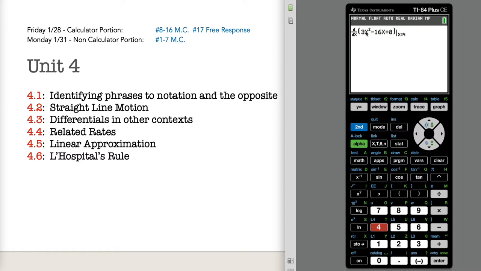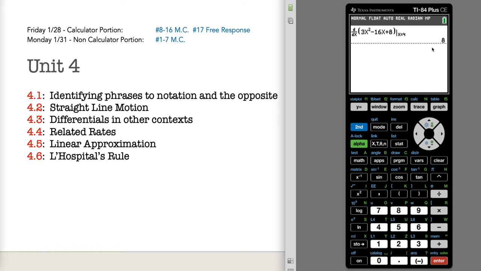So if you're given the position function, in your head you should know that velocity is the derivative, and you're going to be plugging 4 into the derivative. So you've had a bunch of questions like that on the non-calculator part, but on the calculator portion, this should be all that's required. Okay? So I would just hit enter, and I immediately have my answer.